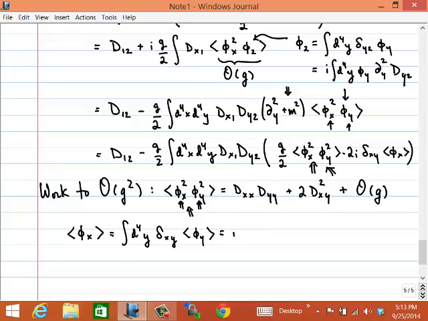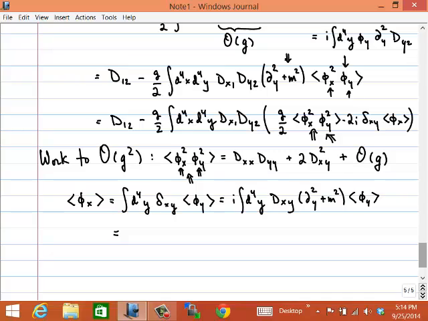And then I write this as i times the integral d4y times the Klein-Gordon operator acting on the Feynman propagator, which I can then integrate by parts and use the Schwinger-Dyson equation to write as the integral d4y dxy.